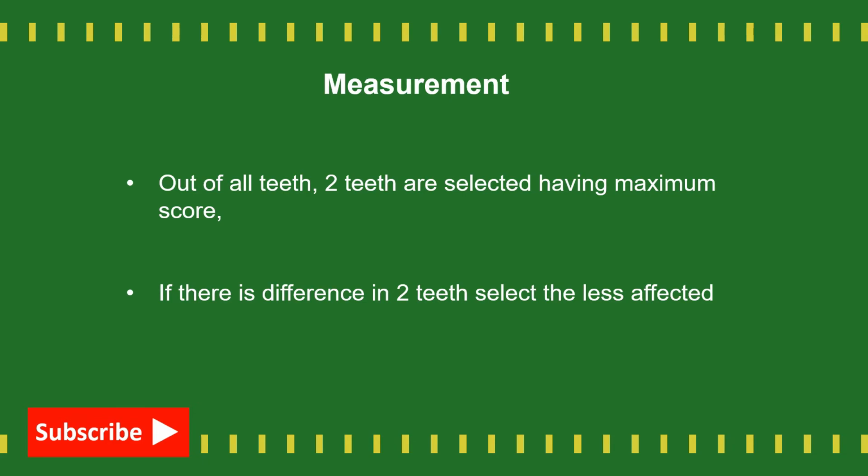Now, if there is any doubt and the criteria for the two teeth are not the same, which usually doesn't happen because it is a bilateral disease, then we take the lesser score. So, in case of any doubt, always select the lesser score.